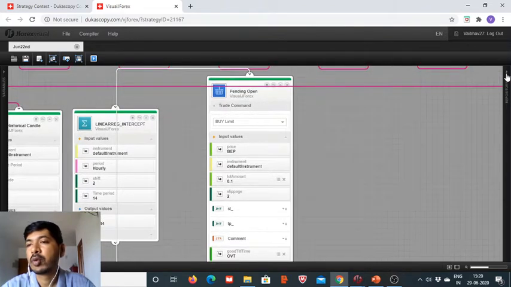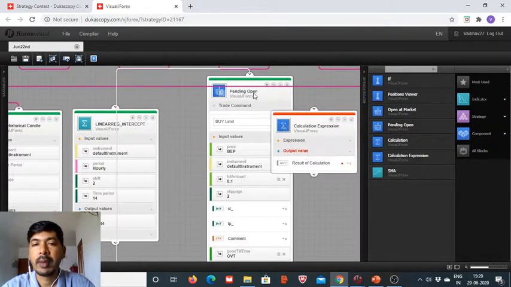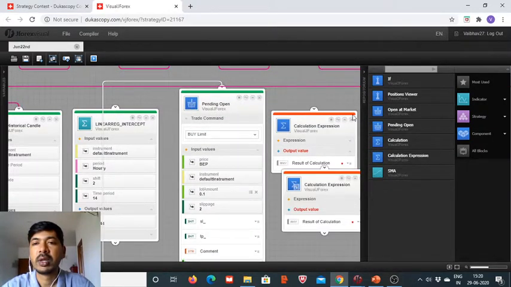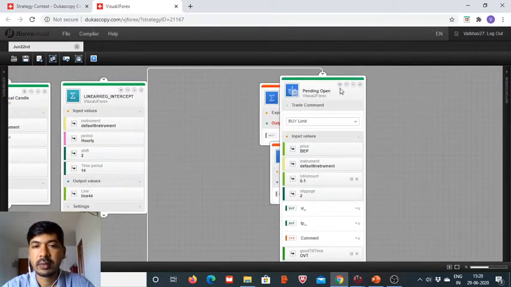So let us get to calculation expression, and the same values will be applicable for the sell order as well. So we define the stop loss and the target price.